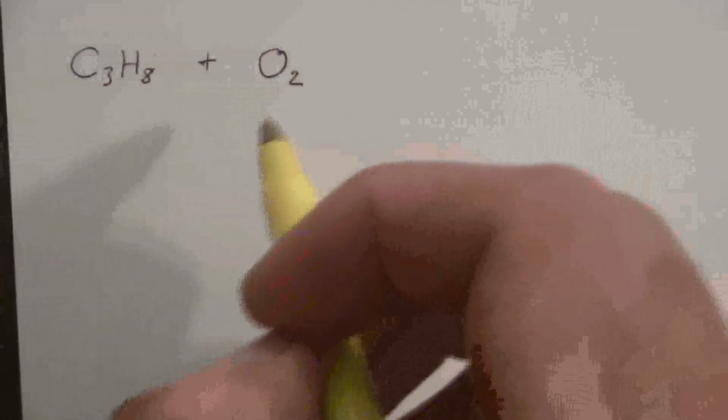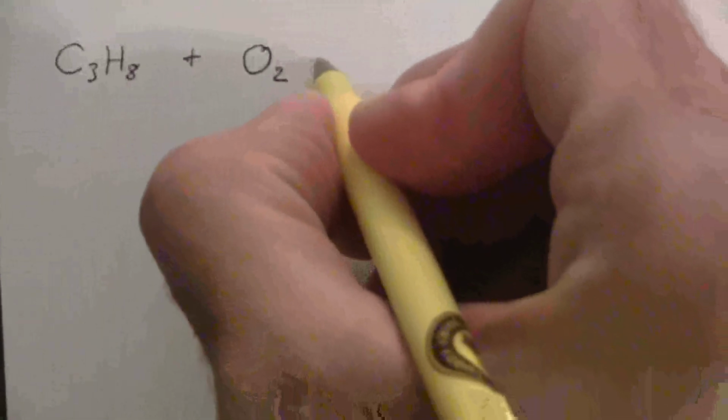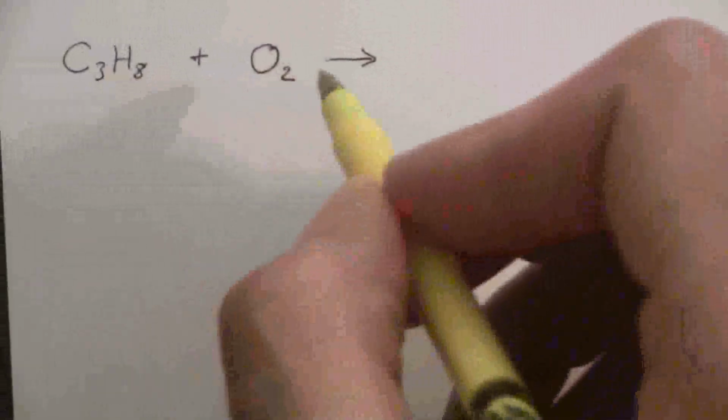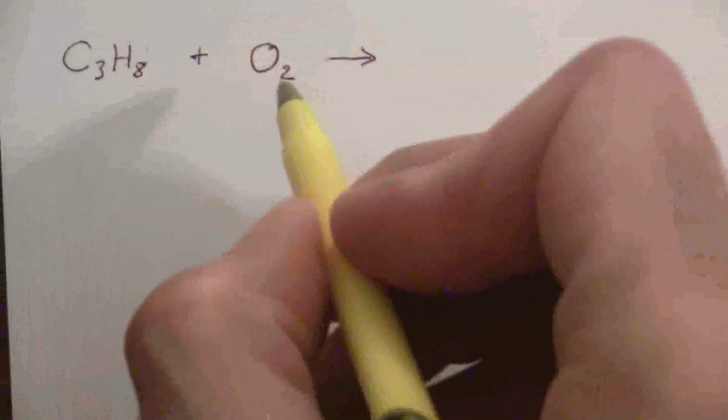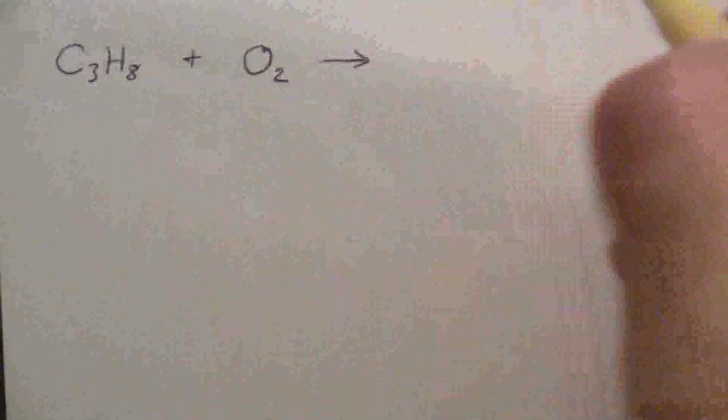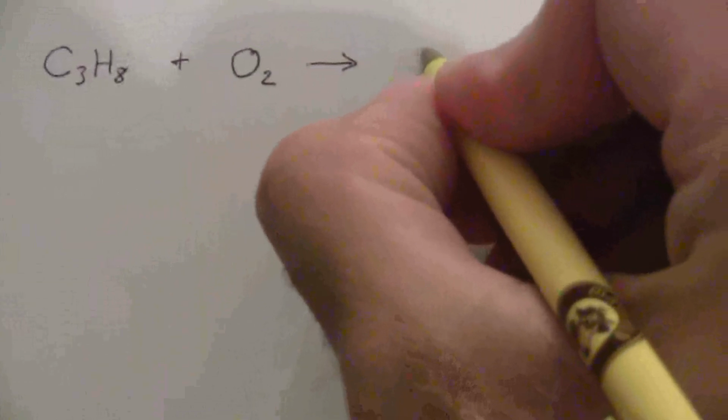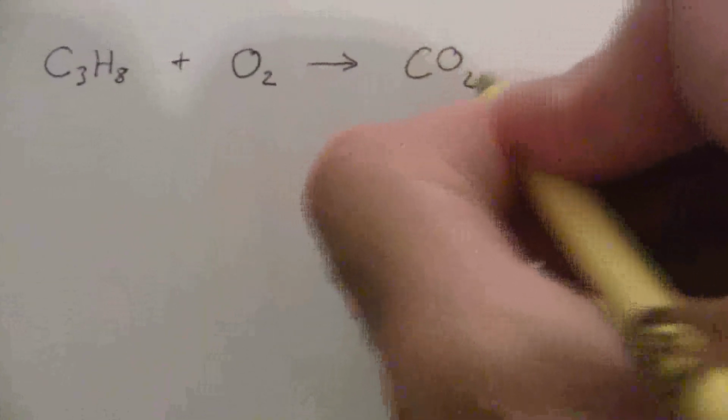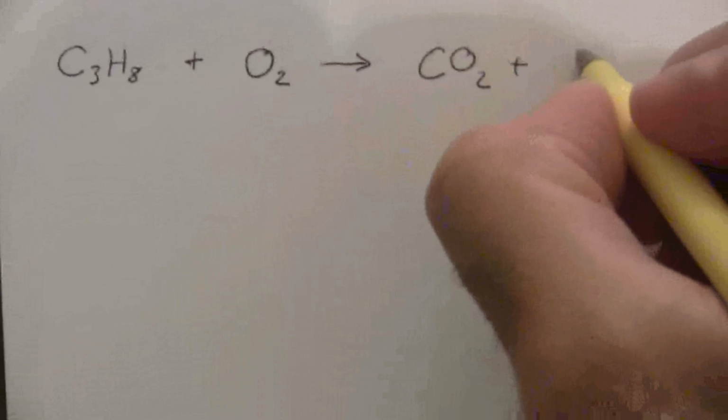And when that burns with oxygen, it always produces carbon dioxide. You can think that oxygen joins up with the carbon and the hydrogen, and you have carbon dioxide and water.